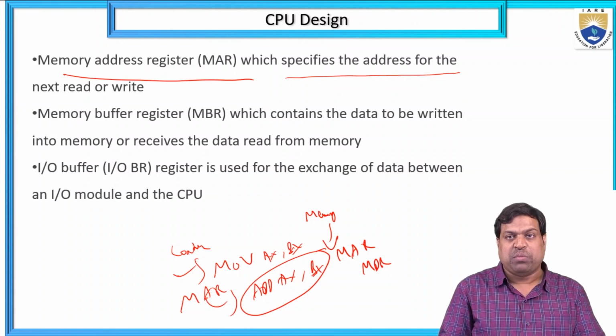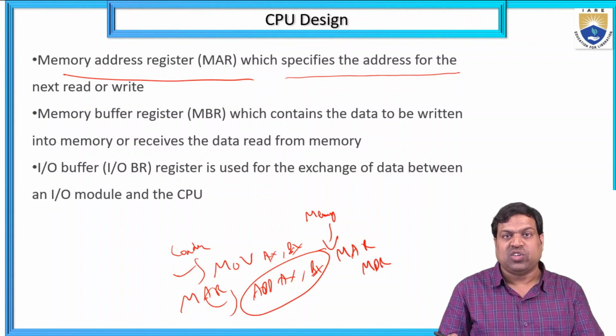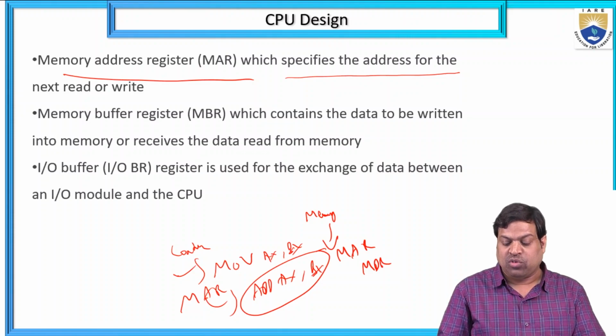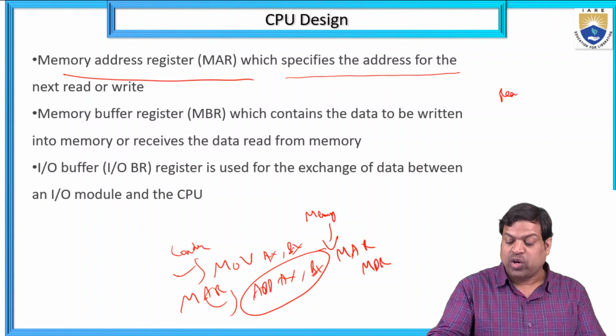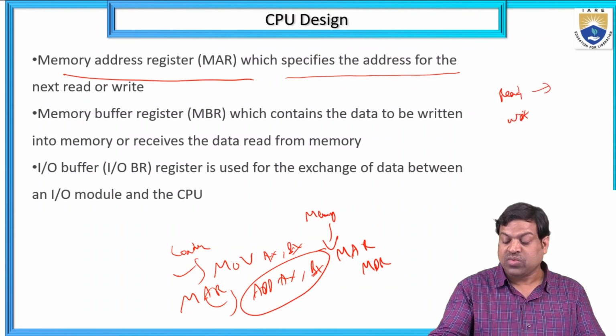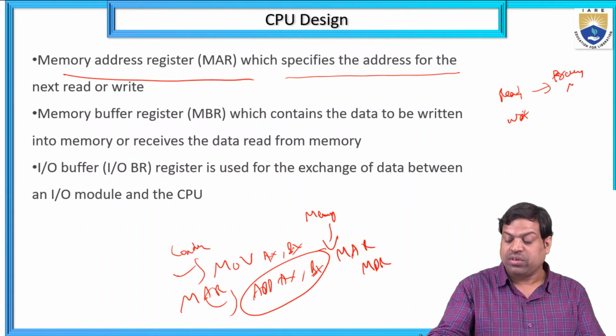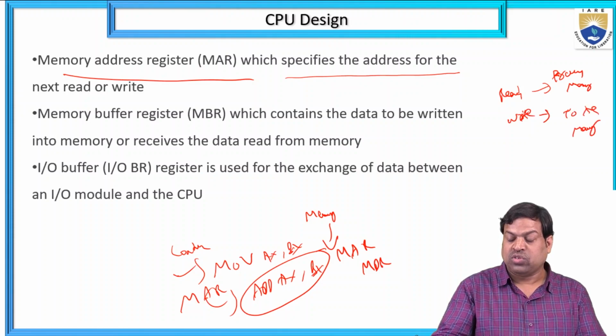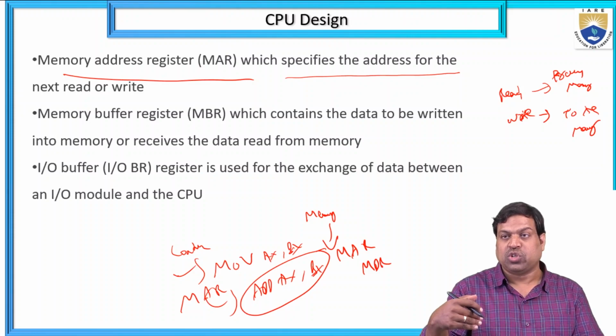And the memory buffer register contains the data to be written into the memory or receives the data read from memory. Suppose I am going for a read operation or write operation. Read operation means from memory. Write operation means to the memory. So write means I'm giving the information to the memory.